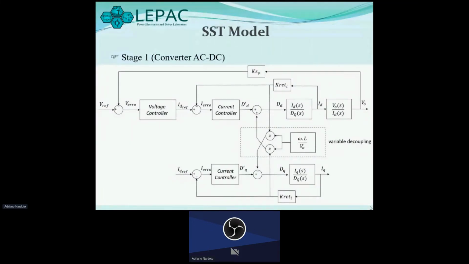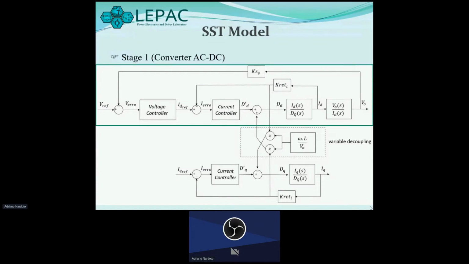This is the control scheme used in the AC-DC converter. First control loop: the voltage at the converter output is compared with the reference voltage. The error signal is used as reference for the voltage controller to produce the direct axis current reference.